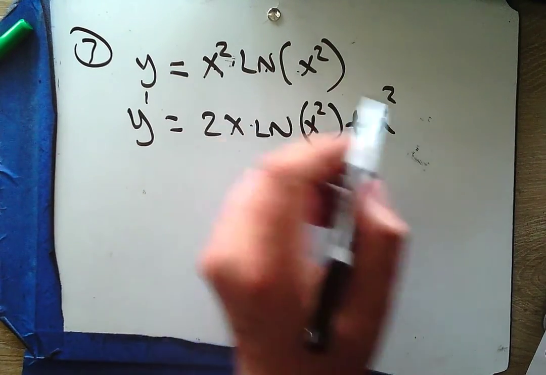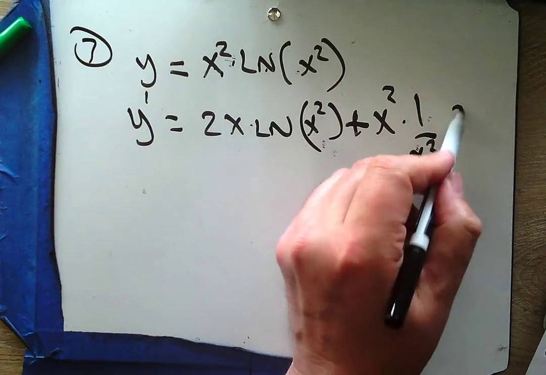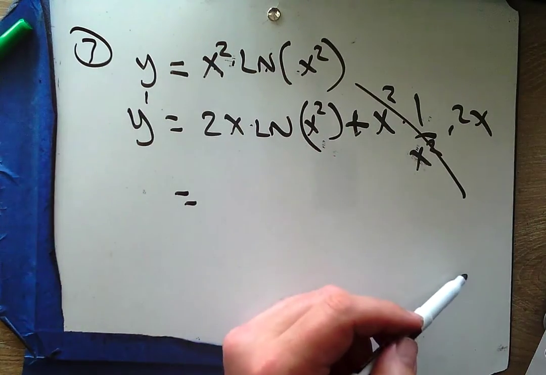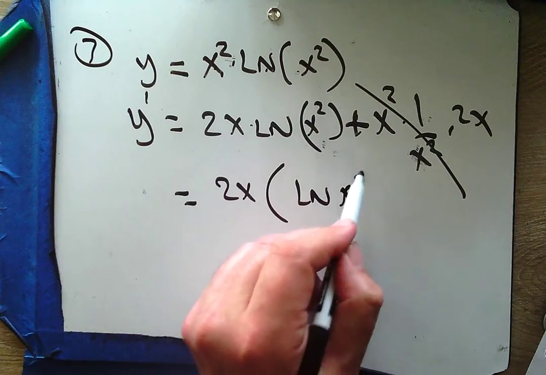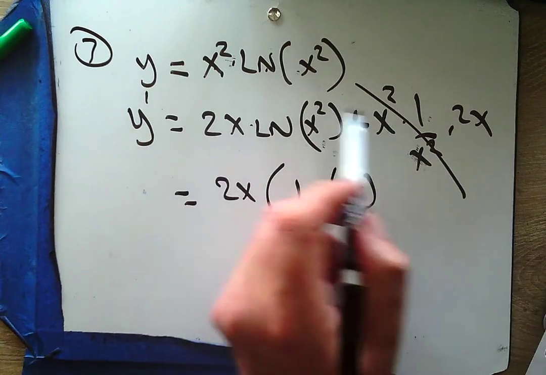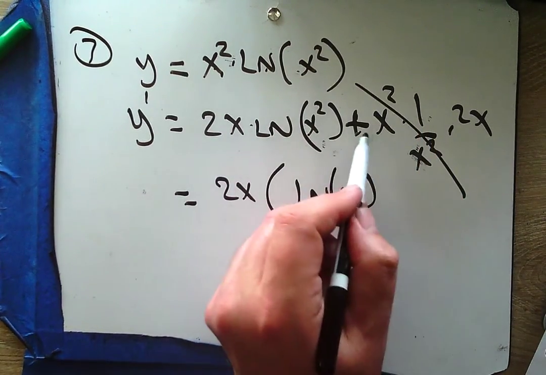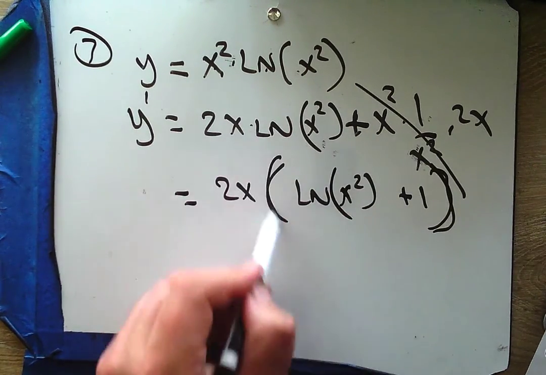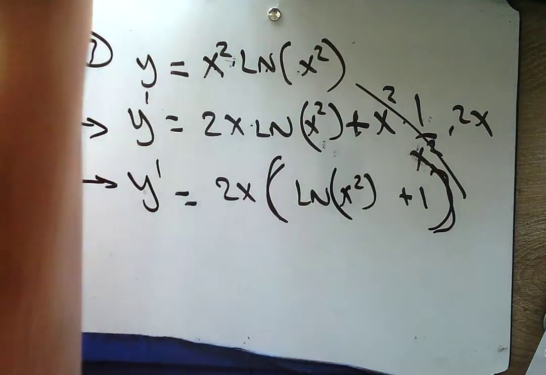Well, the derivative of ln of stuff is 1 over stuff times the derivative of stuff. So that's going to cancel. I'm going to pull out a 2x, and I'm going to have ln of x squared. Remember, when we factor that out, we're dividing, so 2x divided by 2x is not 0, but in fact, after that plus sign, we have a 1. So y prime simplified, y prime not simplified.